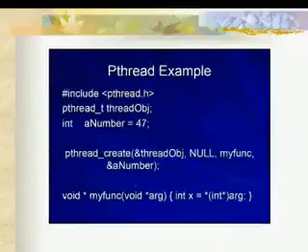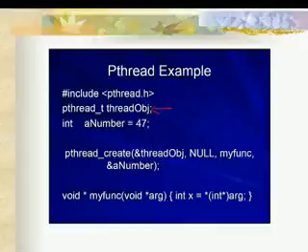Next, this shows how this program is implemented. Here, the thread object of type pthread_t is used by the pthread system to store thread information. No initialization of this object is necessary.